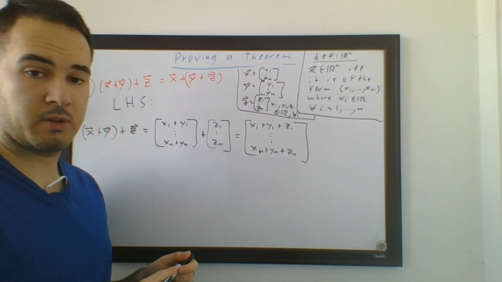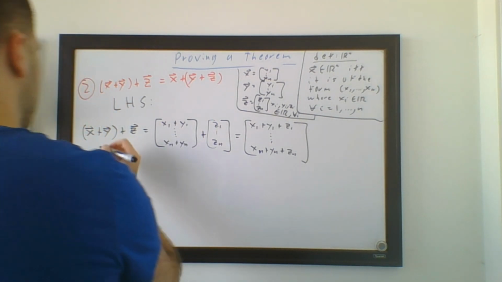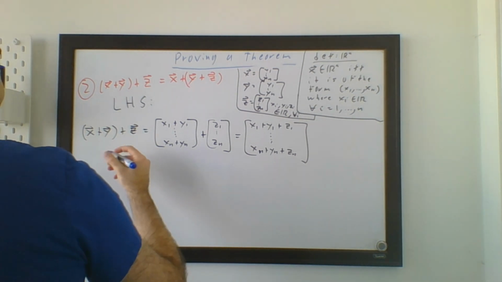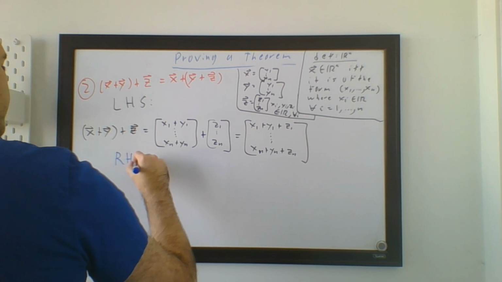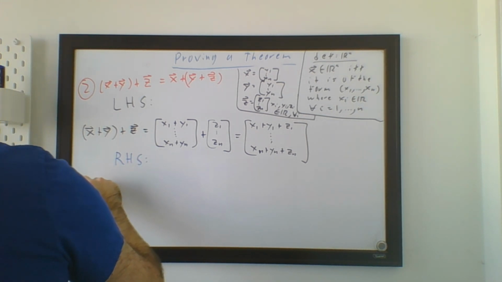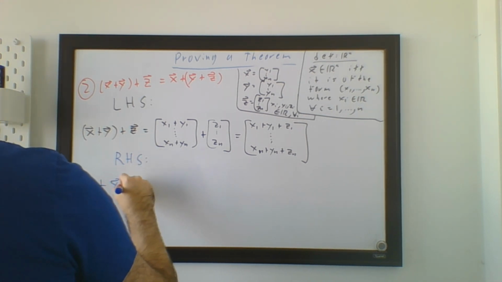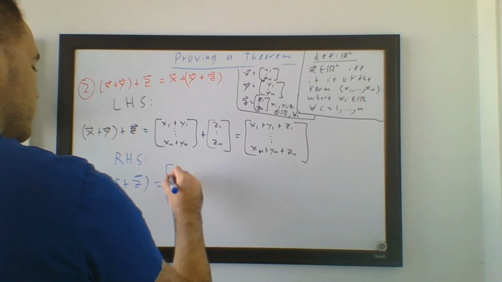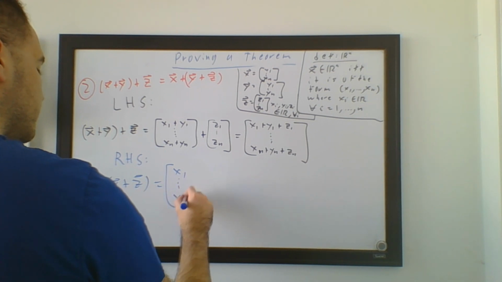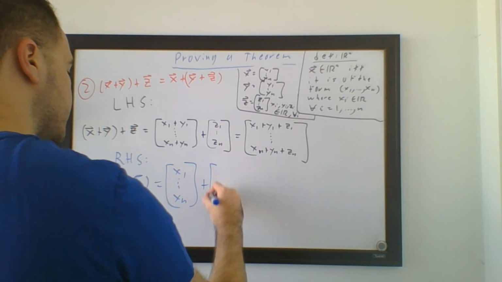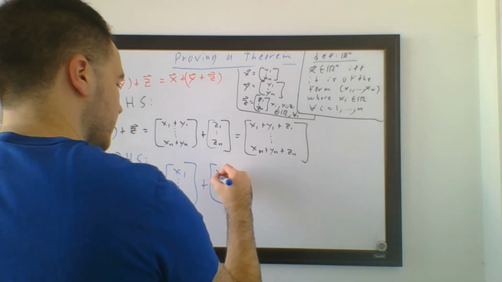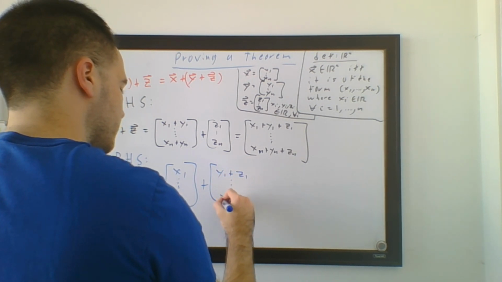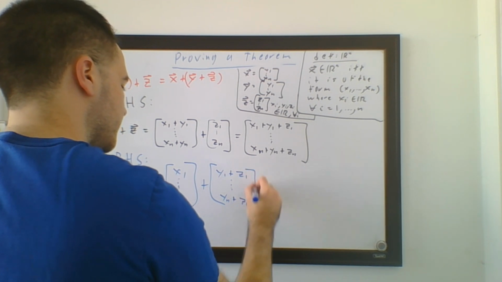Now we need to do the same for the right-hand side. The right-hand side we will use the blue color for. So on the right-hand side we have x plus y plus z is equal to our first one, which is x, plus, using vector addition, we can add these two together, y1 plus z1 all the way down to yn plus zn.